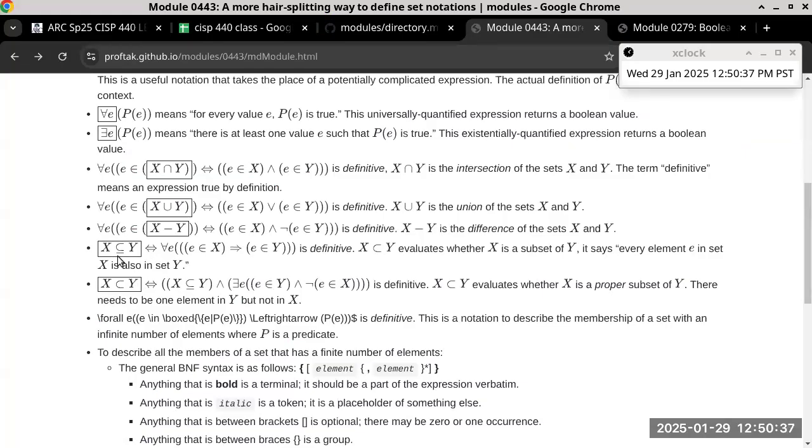But you can look at subset of as less than or equal to, and proper subset of as just less than. So you're excluding the equal to. Then X is a proper subset of Y. But if X is already a proper subset of Y, it implies that X is also a subset of Y or equal to.